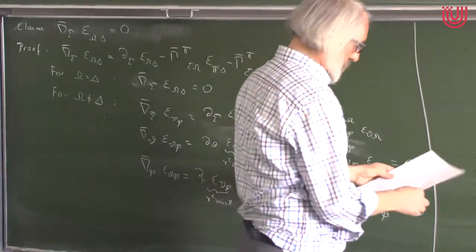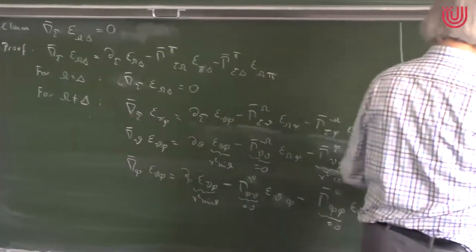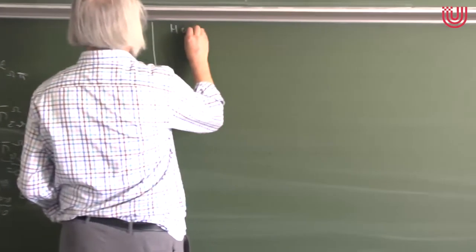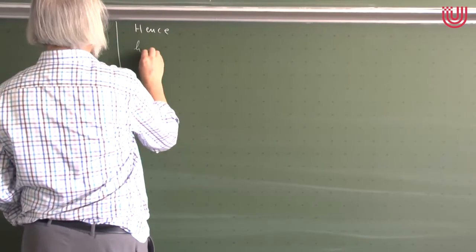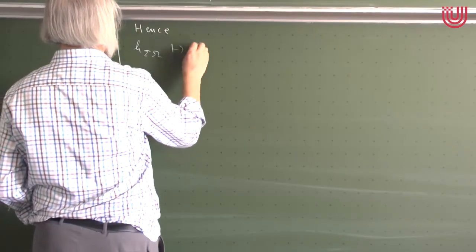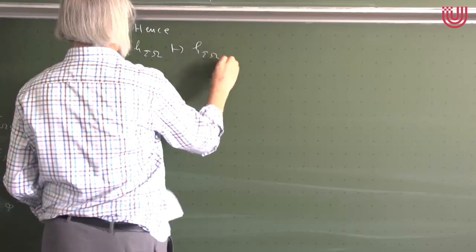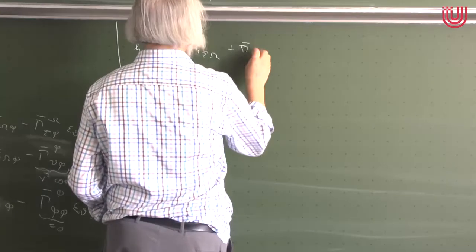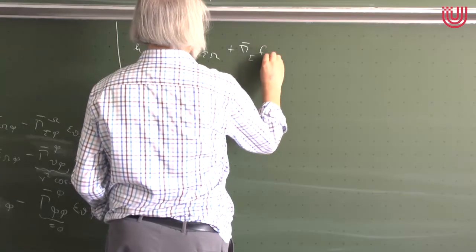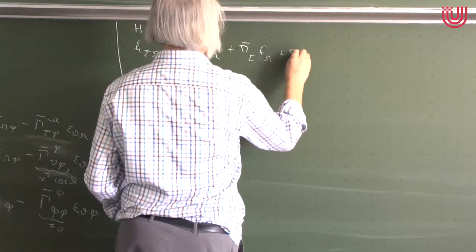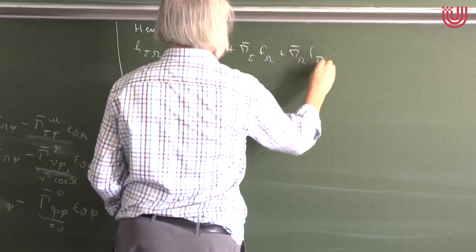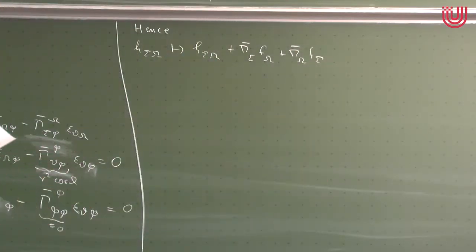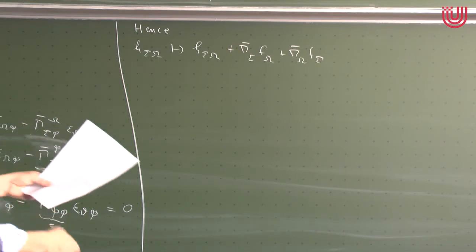Then we have to calculate what? So we have that our H sigma omega transforms into H sigma omega plus the covariant derivatives of our functions f. And the f, we know what it is.